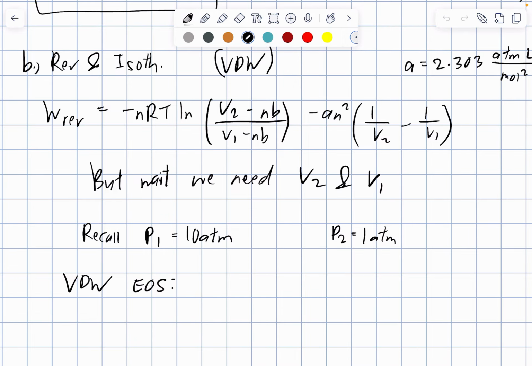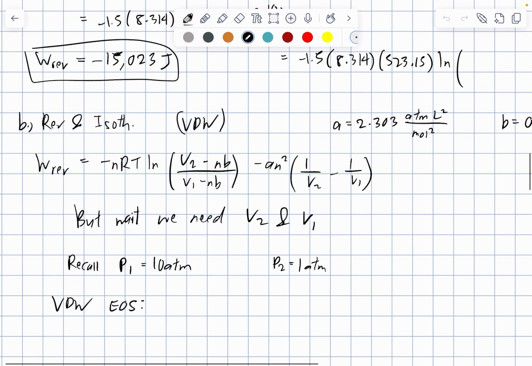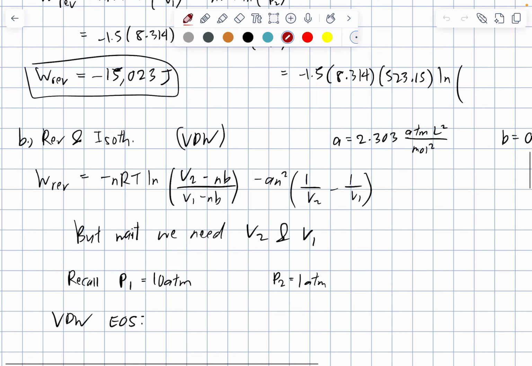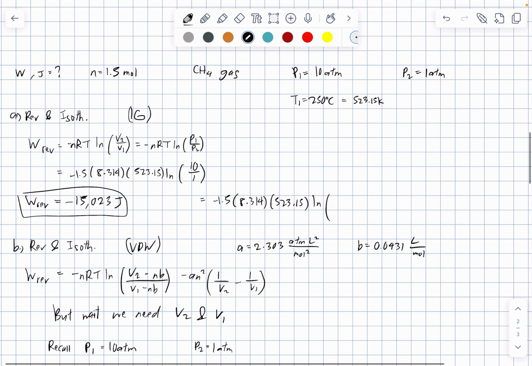Work reversible, no? Work reversible and isothermal van der Waals gas. This is the formula, no? And so what we do now is, because based on the given, we have P1 and P2.